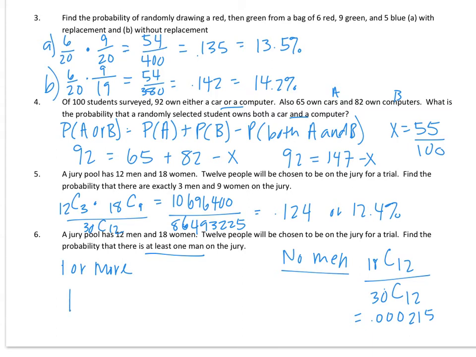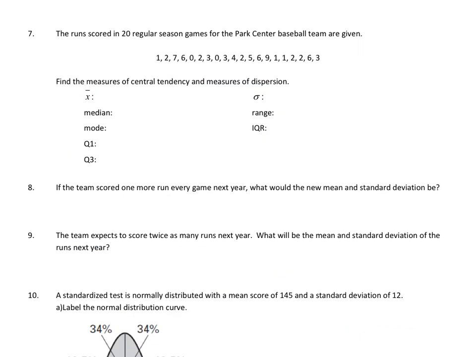So over here, I'm going to take 1 minus the complement, the fact that there are no men. And there is a 99.97% chance that there will be at least 1 man on the jury. All right, next page.